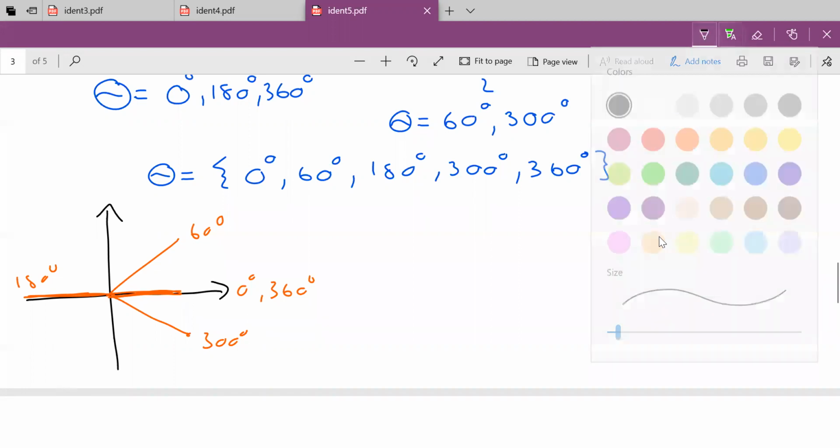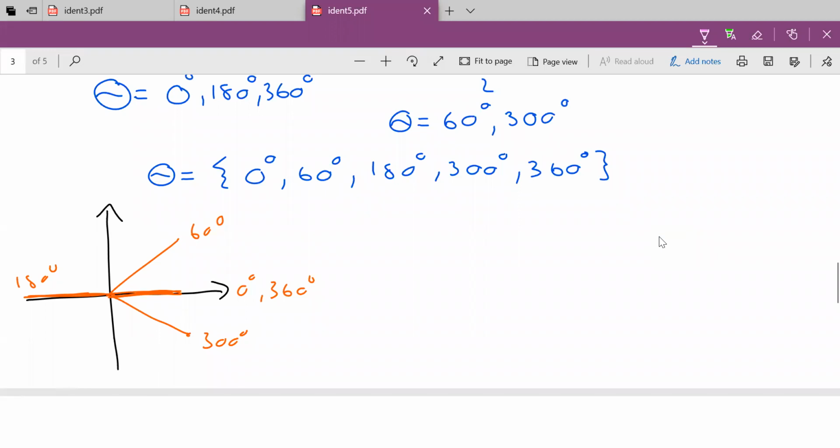Let's change pen to pink. Do you notice 60 to 180? That's 120 degrees. 180 to 300, that's 120 degrees. 300 to 60, that's 120 degrees. Oh, I see a general solution right there. So one general solution could be this.